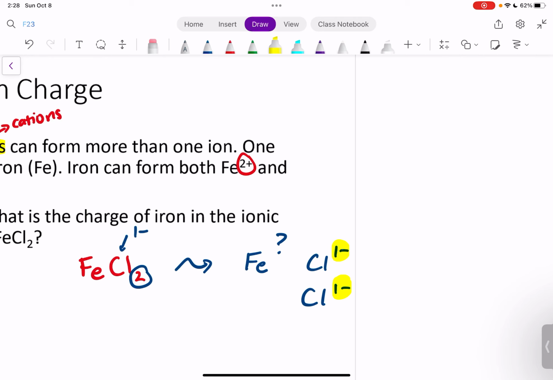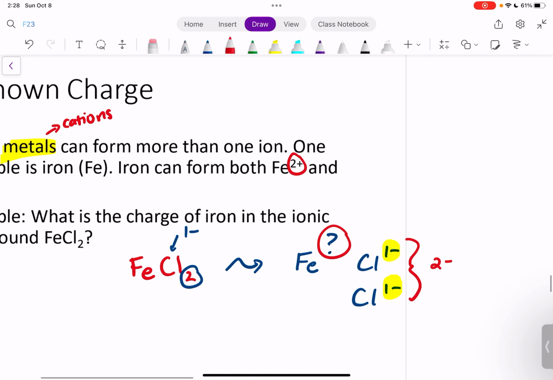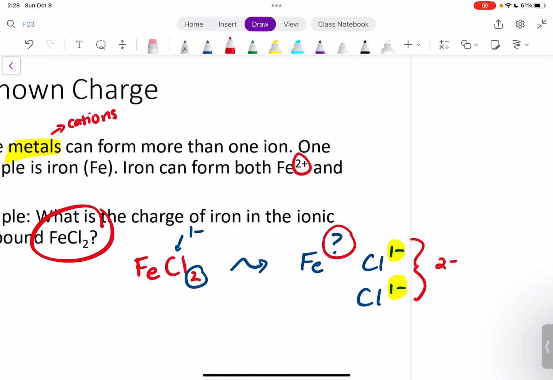I can figure out what the charge is on that iron by looking at those chlorines and working backwards. So if the overall charge on the right side of this compound is 2 minus, what does the charge on iron have to be in order for this compound to be neutral? Which it is, right? There's no charges written there. Yeah, this has to be 2 plus, right?